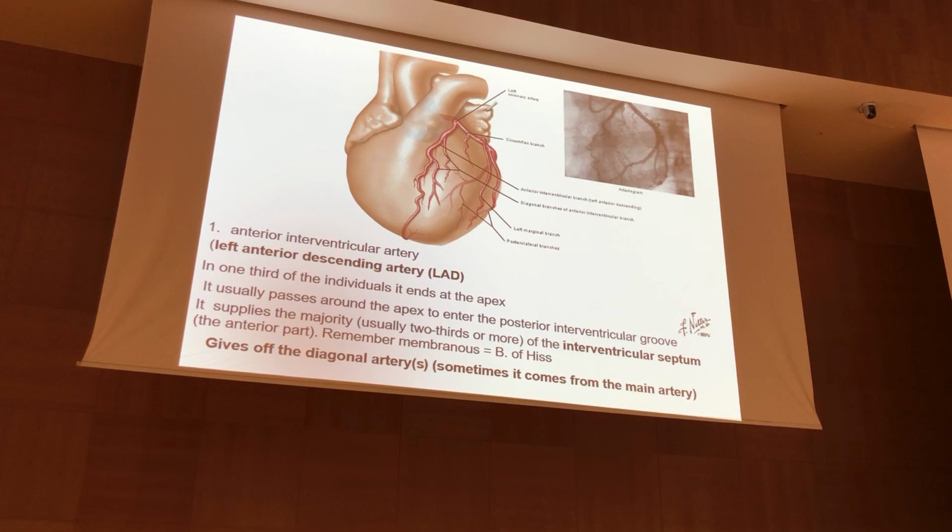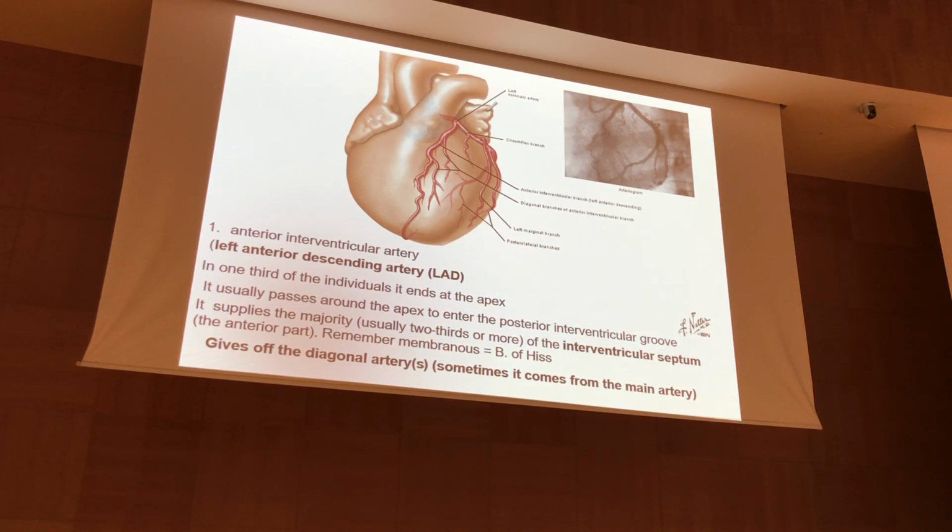From the LAD, it's going to give us some diagonal branches, one or two or more. Sometimes they come from the main artery here. And it's going to supply the anterior 2/3 of the interventricular septum. And it's running toward the apex. It's the main artery that supplies the apex of the heart.